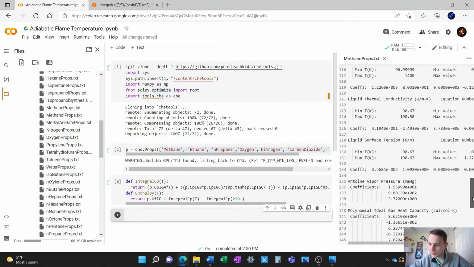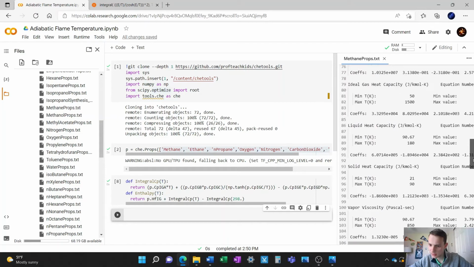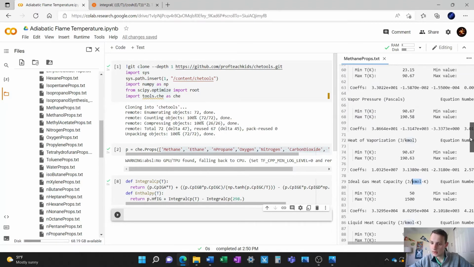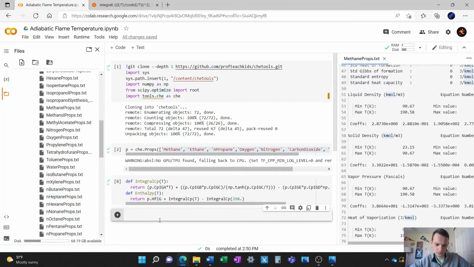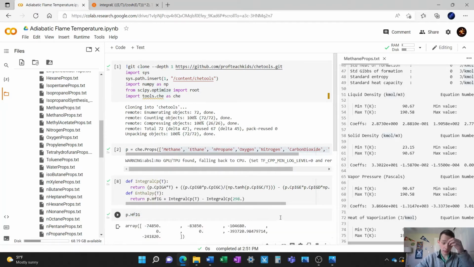Okay, so we had our ideal gas heat capacity. Aha. So we have joules per kmol. That's coming out. What I just showed you, which I'm not going to waste your time trying to find, but when I did the heat of formation for all our compounds, sorry, I forgot the P dot, these are on a per mole basis.